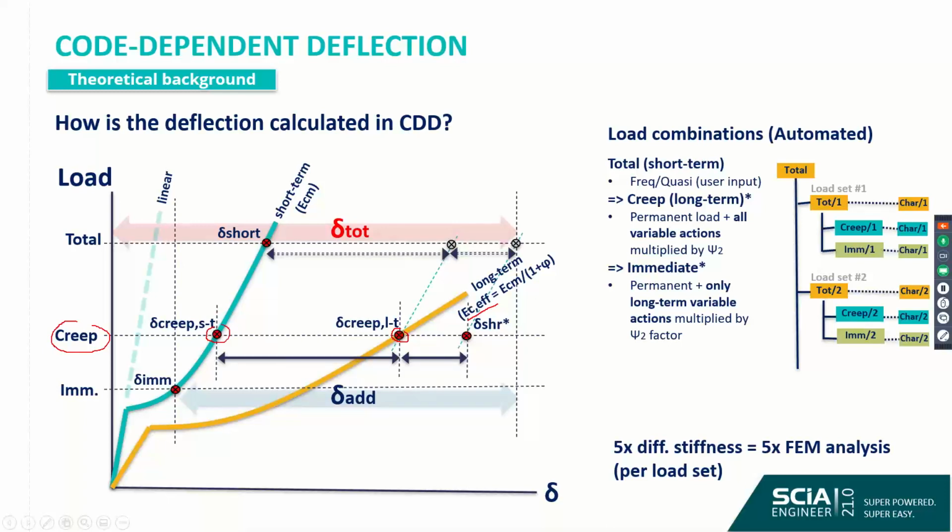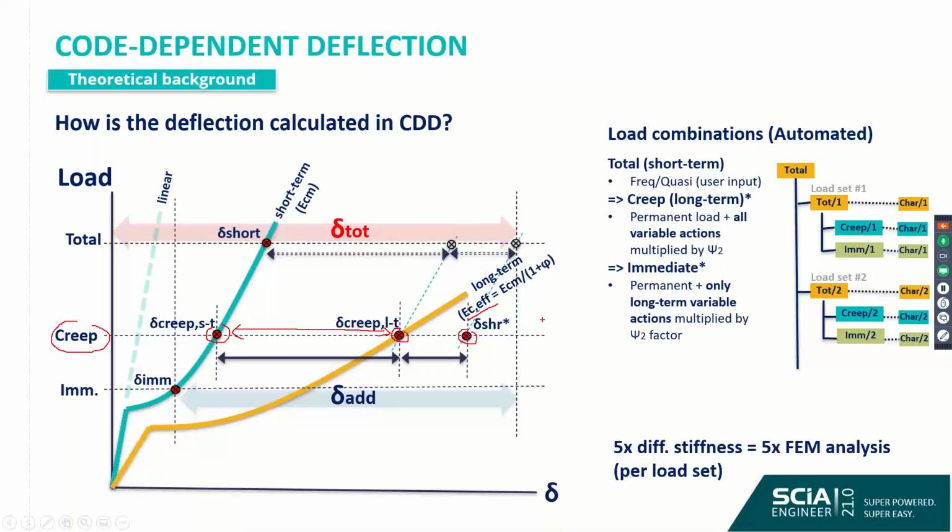And also we need to calculate the short-term creep deflection, because the difference between those two is the increment of the deflection caused by the creep. So that's the reason why we need to calculate this load combination twice, with short-term stiffness and long-term stiffness on the level of creep.